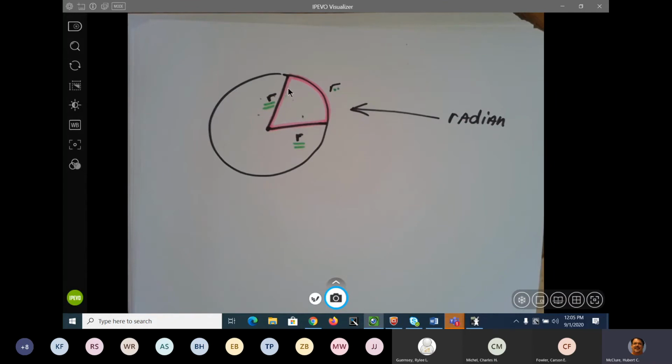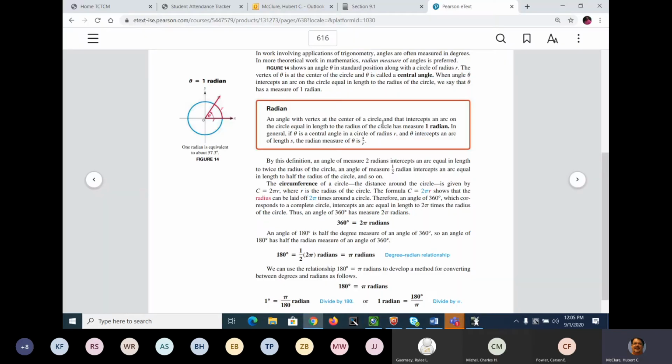If you want to use that as a definition, where the arc is equal to the radius, that's a radian. But there's only one place on the circle where there's a radian, and that's where this is equal to these 2. An angle with the vertex at the center and an arc of length equal to the radius is 1 radian. So there it is. That R is equal to that R is equal to that R.